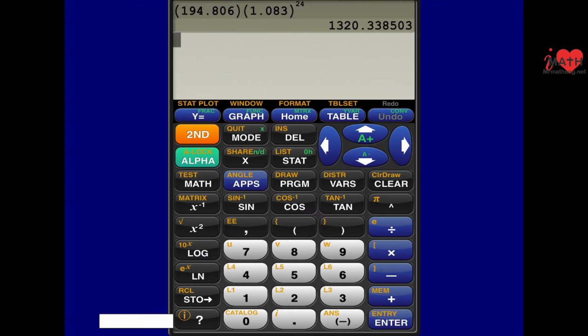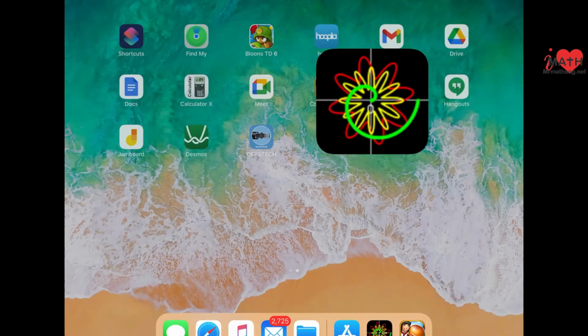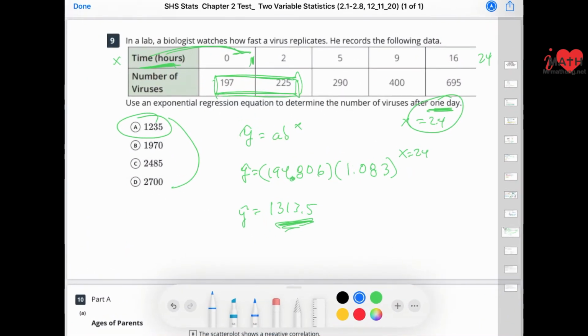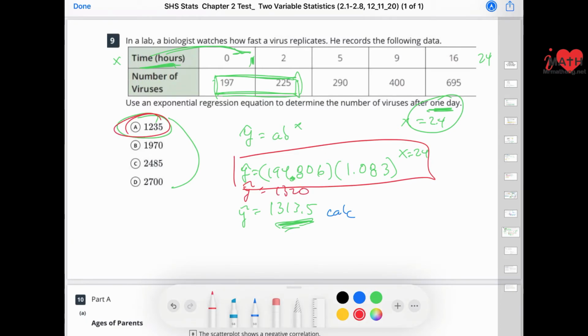Okay, I got 1320. So this was using the calculator, and this one yielded 1320, so this is the closest one here, and the answer is A.